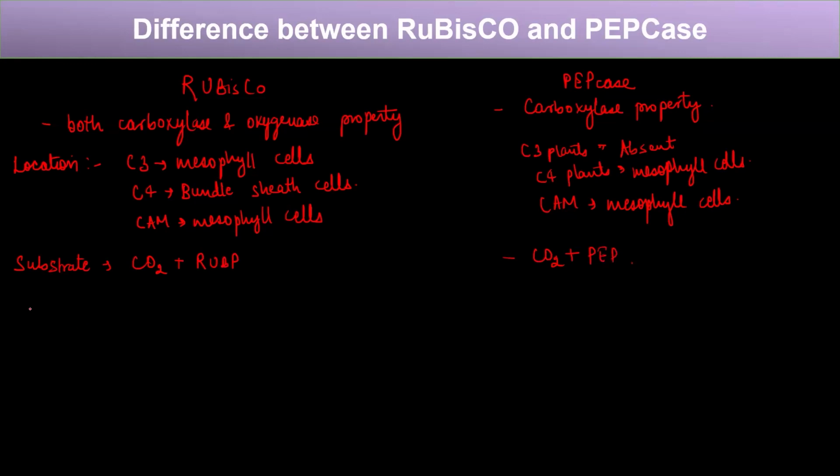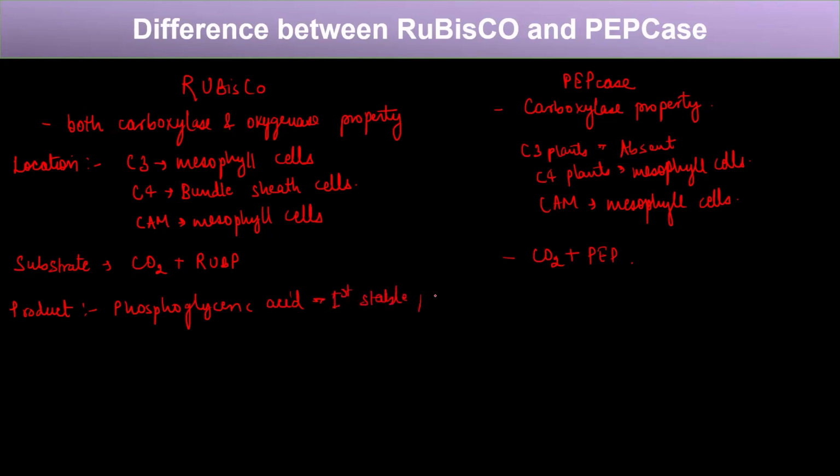Now, what are the products formed by Rubisco? The first one is phosphoglycerate, or phosphoglyceric acid. This phosphoglyceric acid is the first stable product of the C3 cycle.